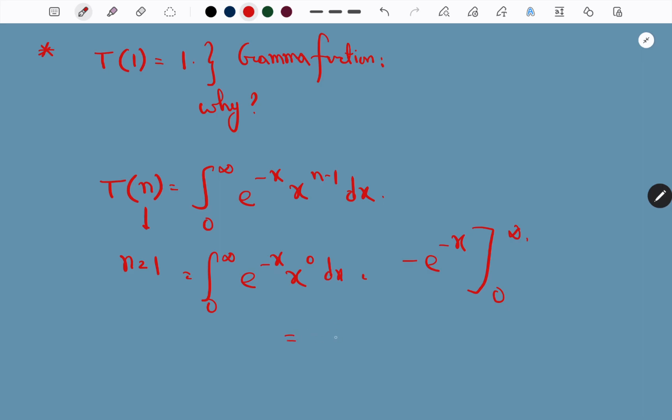So basically it is equal to e to the power minus infinity minus e to the power minus 0. Both zeros are one and the same. So this tends to 0, because 1 by e to the power infinity tends towards 0. So this is 0, minus minus plus 1, and hence the answer will be 1.